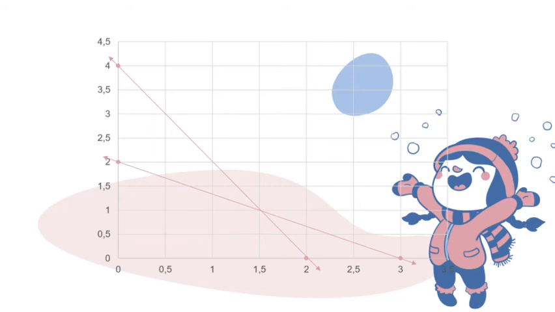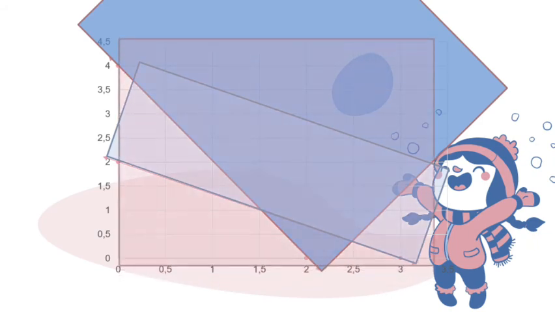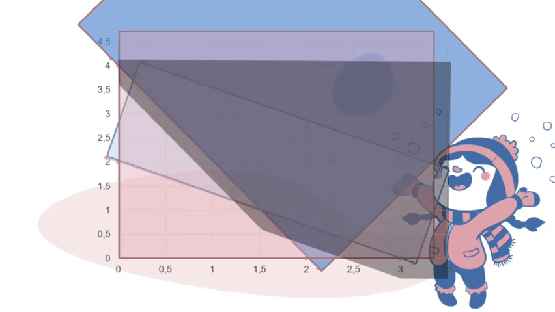Because the sign is greater than, the area is above the lines, this one, then this one. Next is the area for x greater than or equal to 0 and y greater than or equal to 0. It can be concluded that the solution area is the intersection of all the areas.